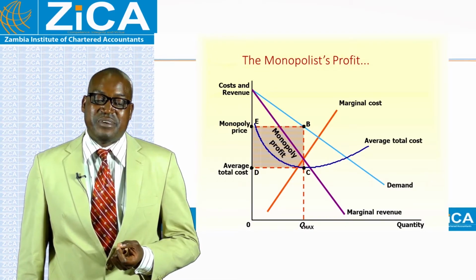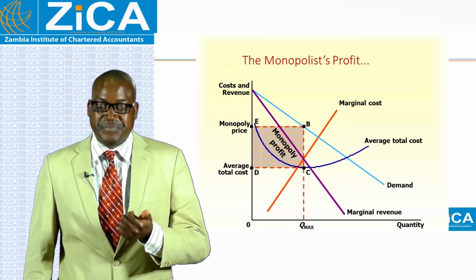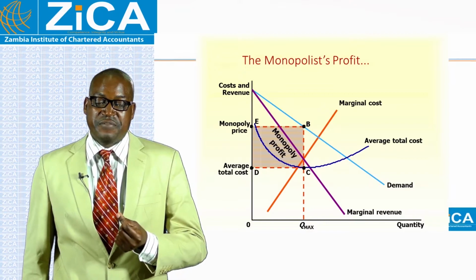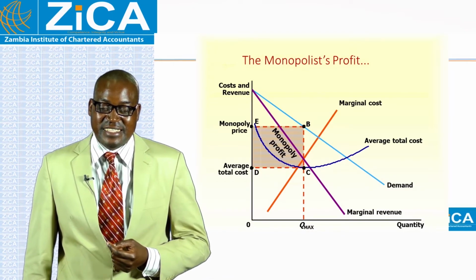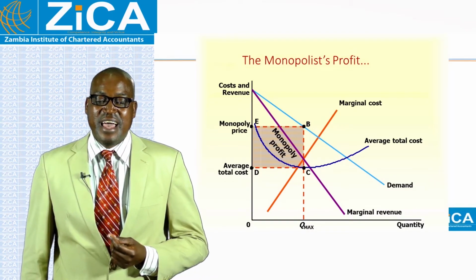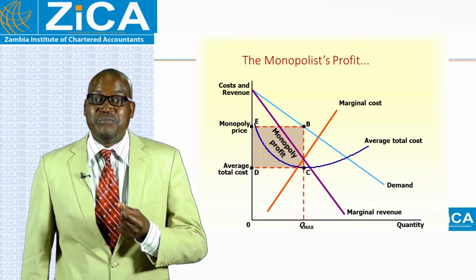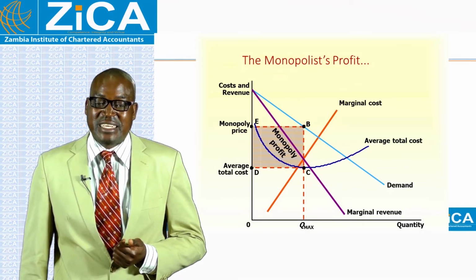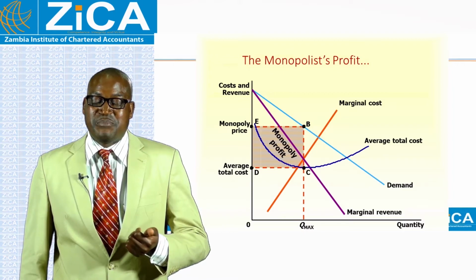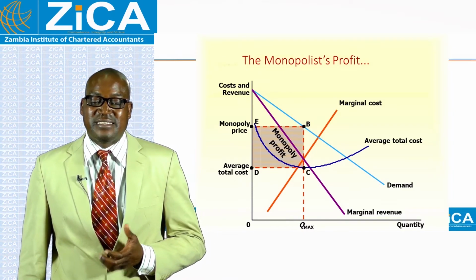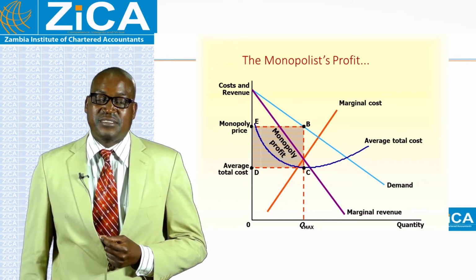At that particular point, we have a point where profits will be maximized, which is indicated as the Qmax in the graph, and the monopolist will move up until the demand curve is touched. Once that point is reached, then take it to the y-axis and the total area is shown there.